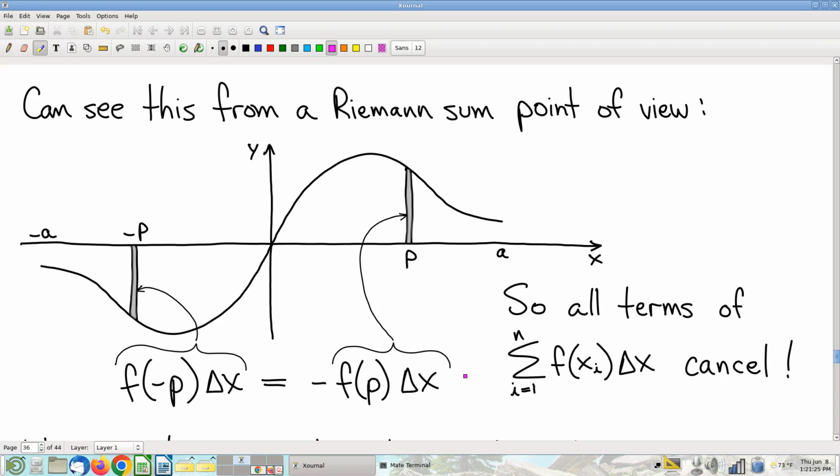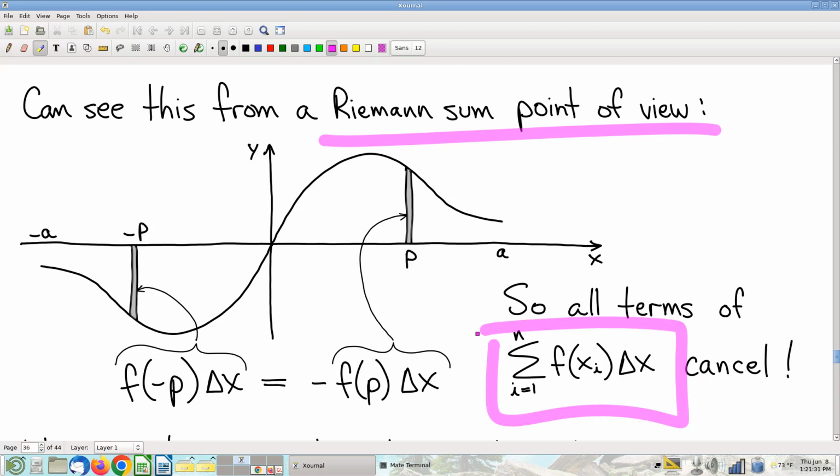There is what I'm going to call the Riemann sum point of view, where you look at the terms that you're adding up and you just sort of recognize, look, because of the assumptions in play, this term in the summation and this term in the summation, they cancel each other, right? Because of the given symmetries. And all the terms cancel, and so you're left with nothing. And that's a fine point of view.